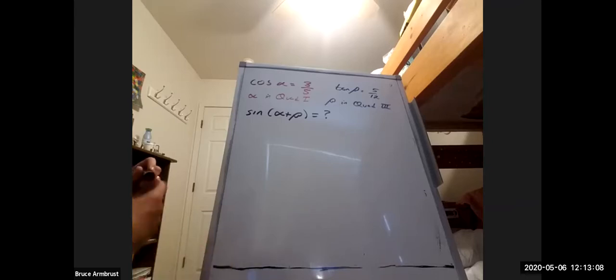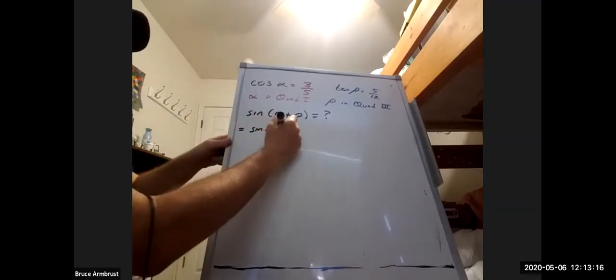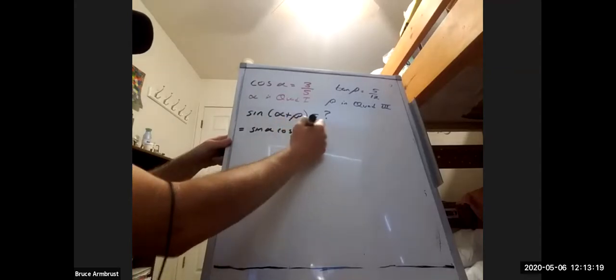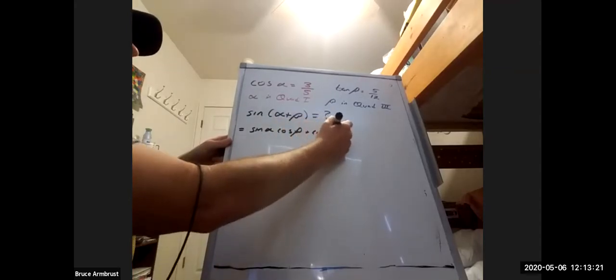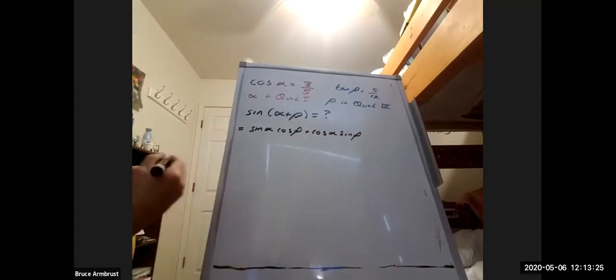So we're going to start with that sine of alpha plus beta identity. What we just determined is that that's the sine of alpha times the cosine of beta plus the cosine of alpha times the sine of beta. In order to calculate this, I need to know the sine and cosine of each of these angles.